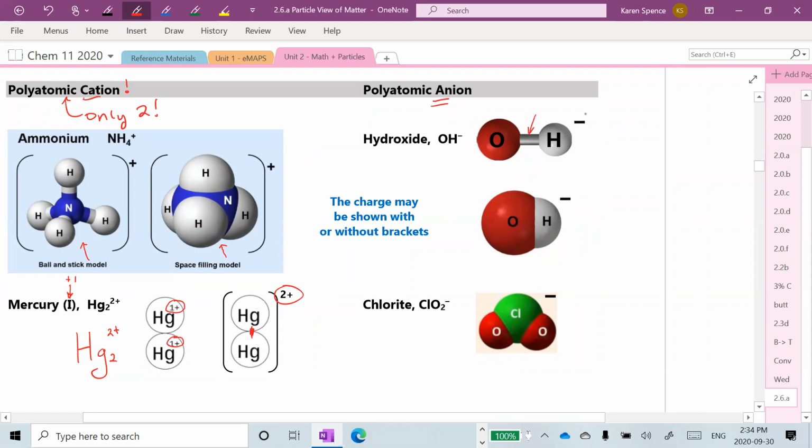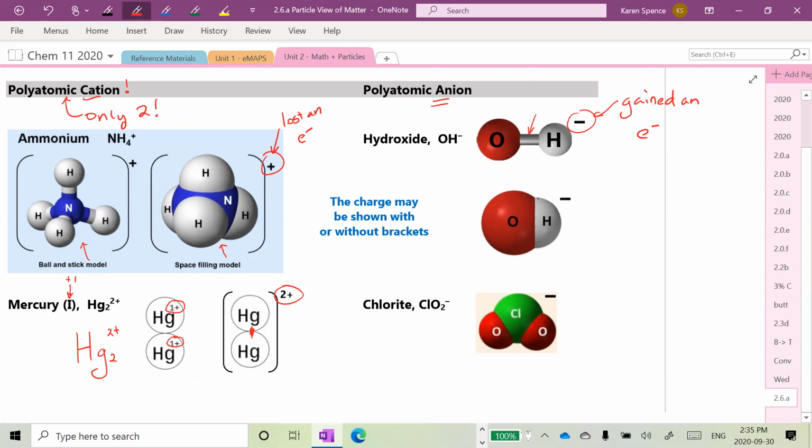But this whole thing has actually gained an electron, because when things are negative, they have gained electrons, which means that ammonium, the whole thing made out of the nitrogen and the 4 hydrogens, had to have lost an electron. Okay? You can either show the charge outside of a set of brackets, or you can show it without the brackets when you're showing the models. Either way works.